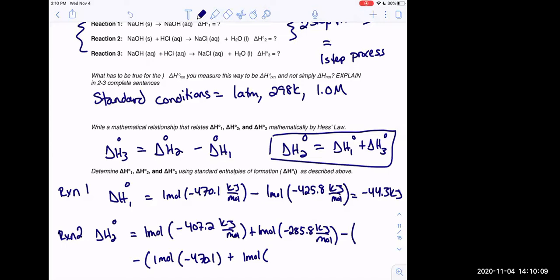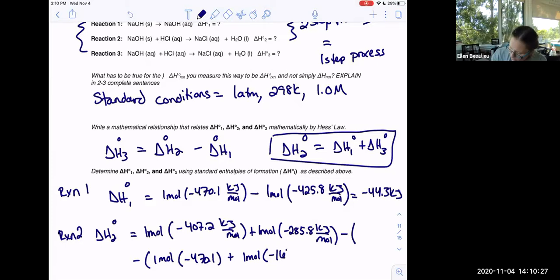So I have hydrogen plus is 0. Oh, and chloride is probably somewhere. Cl minus is negative 167.1. So if you're having a hard time finding it, that would be in the chlorine section, since chloride is the unique ion.